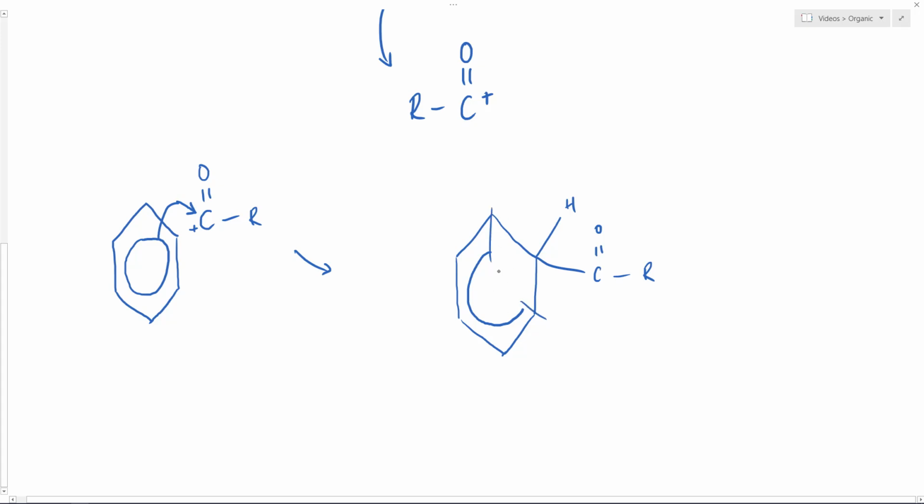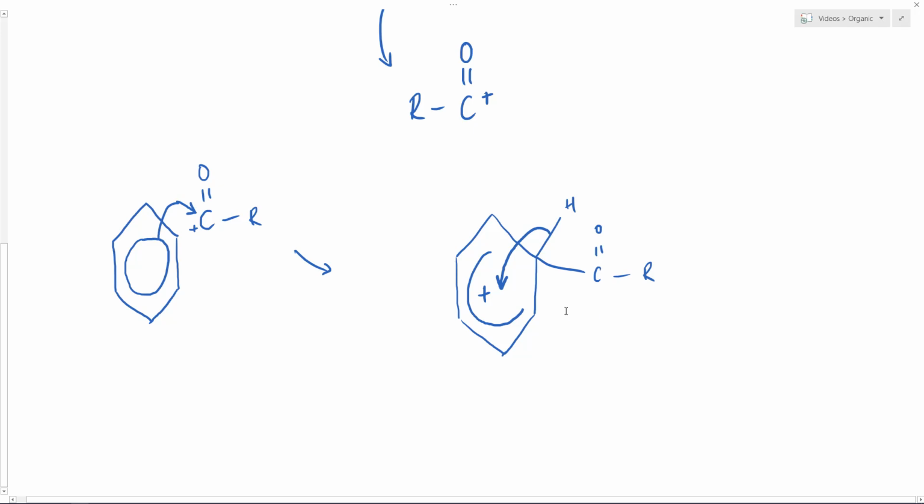Obviously, you don't draw those lines on. And then a positive portion within that. And then the final step is this here comes in, and we lose that hydrogen, as per the electrons within the covalent bond falling back in.